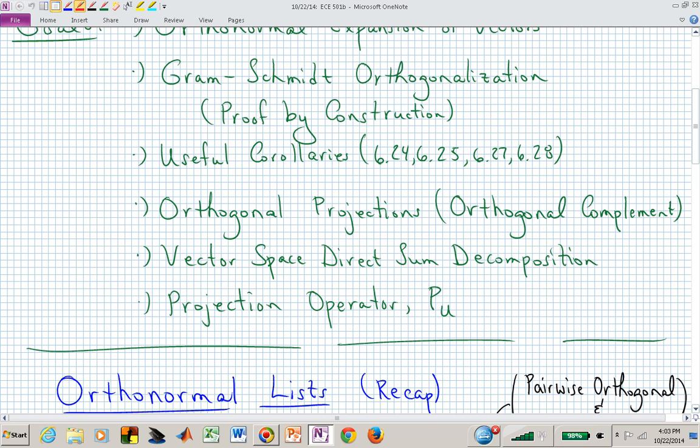And if that subset that we began with is actually a subspace, and we look at its orthogonal complement, those 2 could be used to form a direct sum decomposition of a vector space. And then we can talk about a projection operator that now projects us orthogonally down into an underlying vector space.